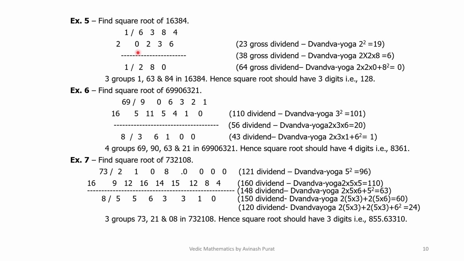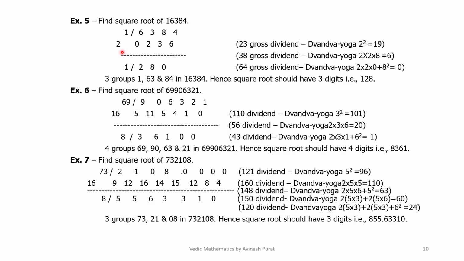There is no deduction to be made. So 6 divided by 2, 2 is the quotient and 2 is the remainder. Now 23 is the next dividend, minus the Dvandva yoga of 2, that is 2 square equal to 4. So 23 minus 4 is 19.